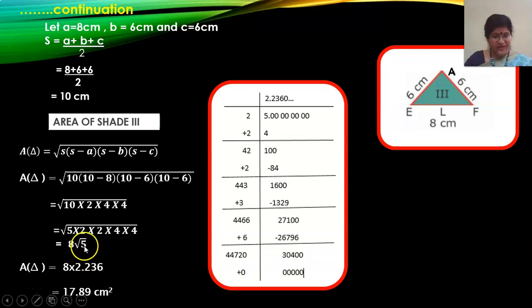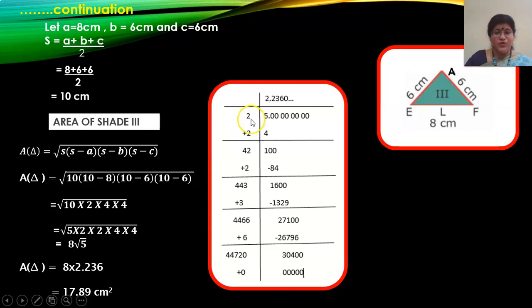Now 8 root 5. We have further solved this answer and found out the value of root 5. Now root 5, this is the calculation. I have mentioned this in the previous lesson. You have learned this also in lower class, how to find out the square root of the number 5 by division method. We have taken up to 3 decimals. 2 into 2 is 4, balance is 1.